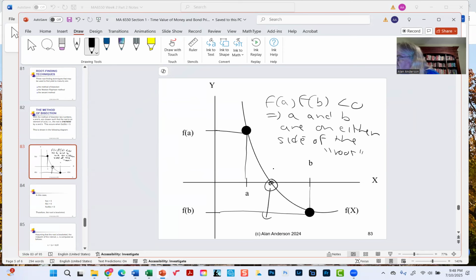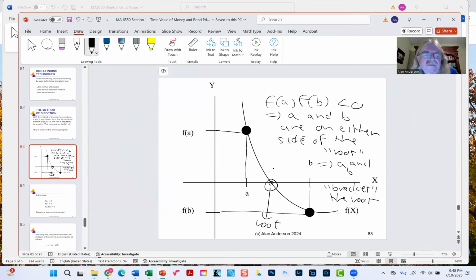That's the root. That's what we're looking for. Sometimes we say that A and B bracket the root. All right. Without that, none of this will work. All right. So we have to make sure that part is in place first.